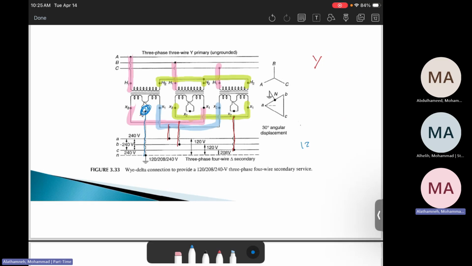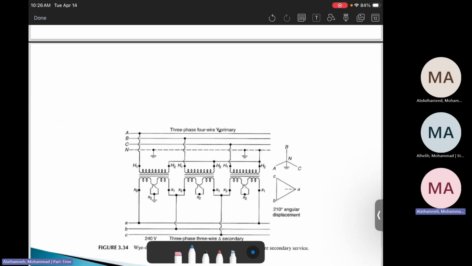Therefore, we have 120, 120, 208, and of course we can create the 240 from connecting these two 120, 240 volts. Therefore, we can say this connection is Y to delta with delta neutral. This is a special interconnection by creating a neutral to delta, while as we know delta doesn't have a neutral, but here we created it.